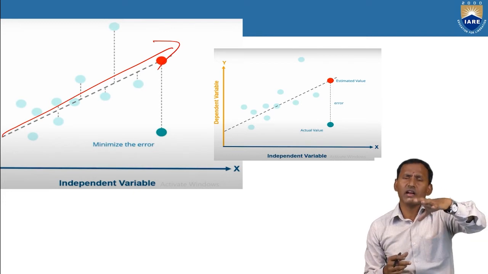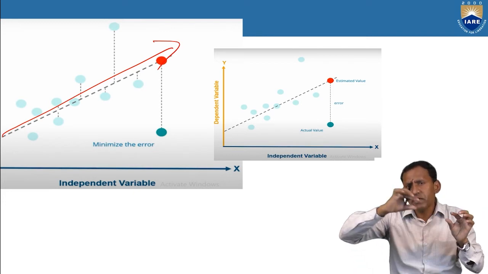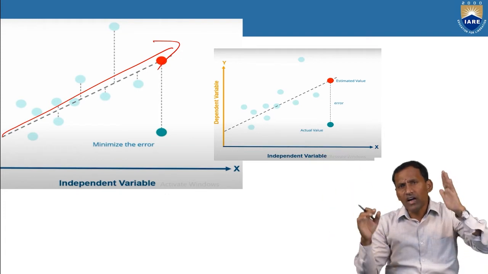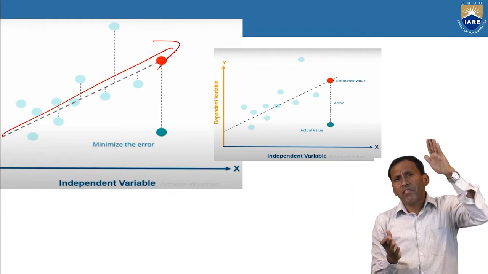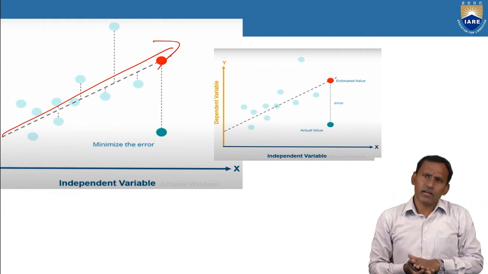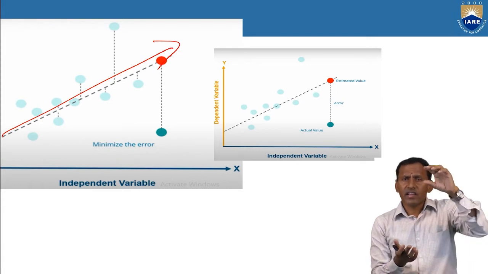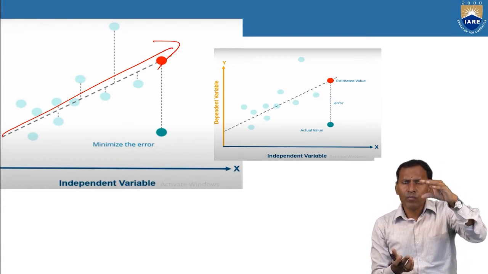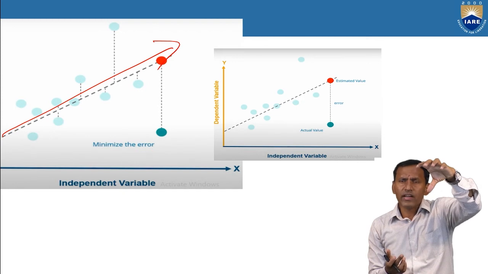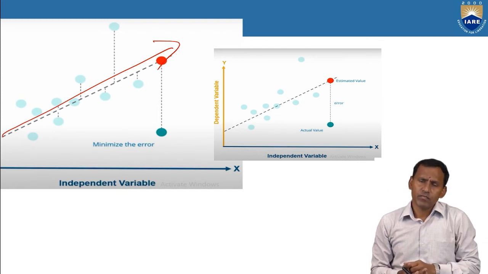In simple regression analysis, after plotting the best fit line, we have to find out the mean square error. That means the distance between the actual point and the predicted point.